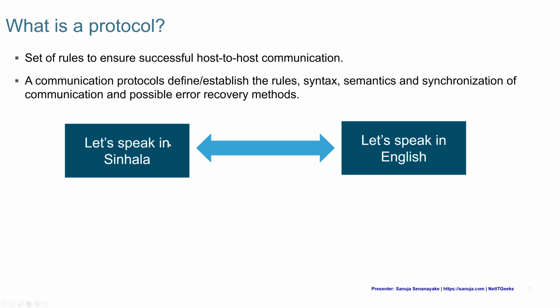However, if we set a common set of rules saying let's speak only in English, in that way we have basically established a set of rules for common communication. Computers work similar to that, except in computers, that common language or common set of rules between two hosts or multiple hosts is defined as a protocol.